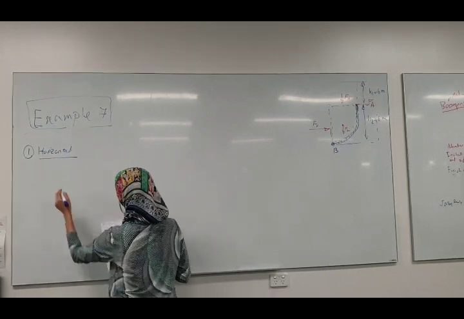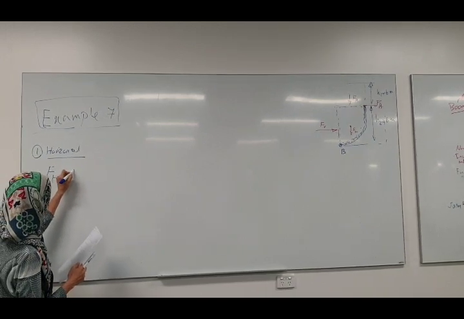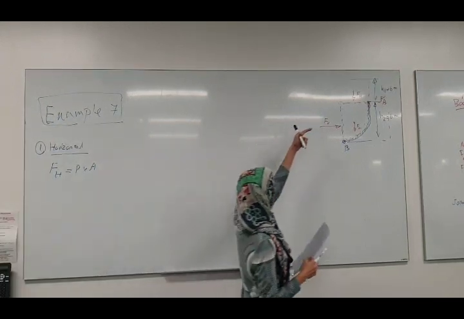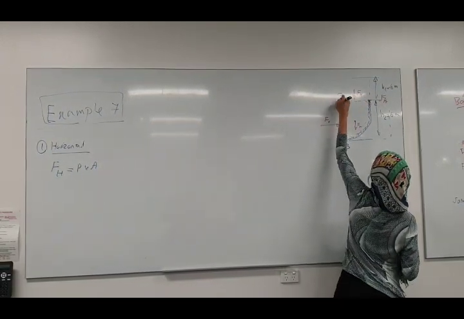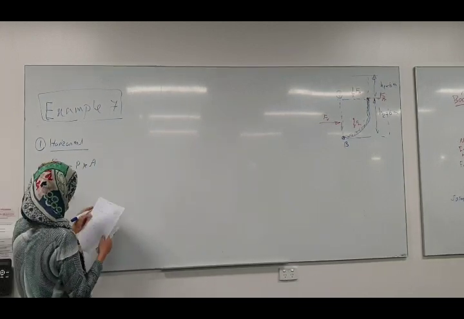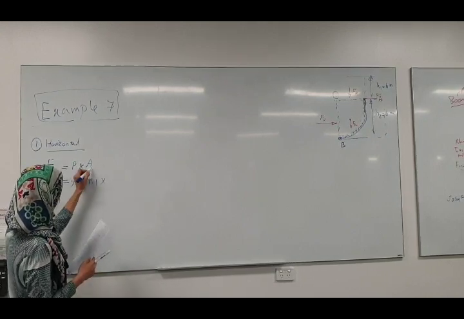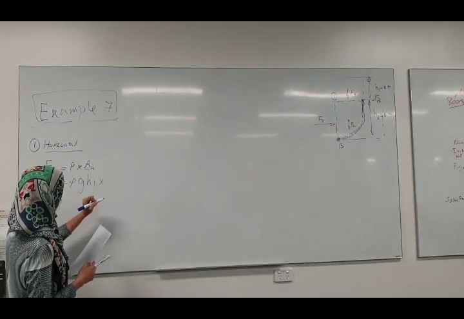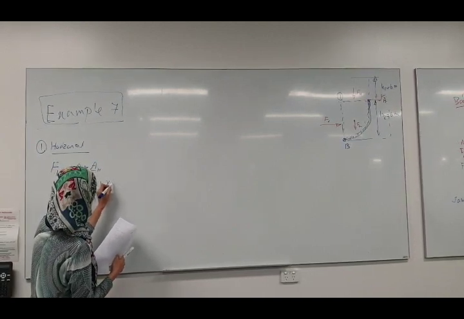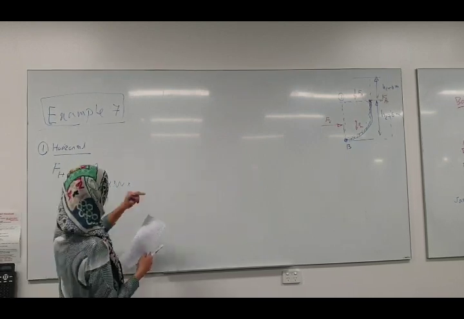For the horizontal force, we know it's equal to pressure times area, and the pressure is the pressure at point A. So it's equal to rho g h1 times the area, which is the projected area in the horizontal plane, equal to the width of this gate.